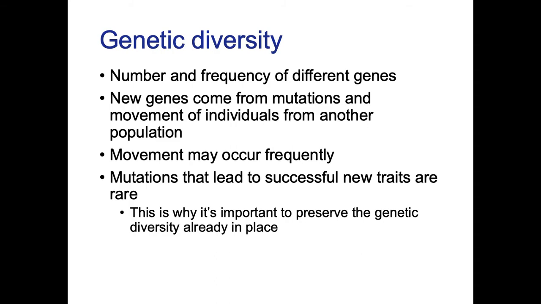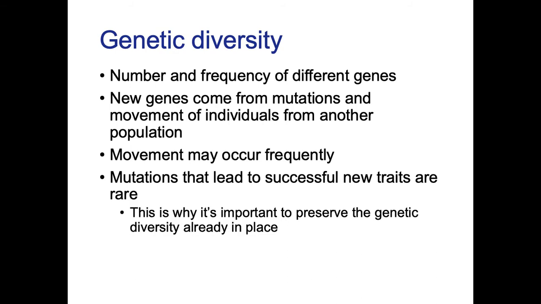Occasionally, mutations are helpful, but the rate at which new helpful mutations occur is very low. So this doesn't happen very often, but it does happen sometimes. That's how we get new variation. But it takes a long time to get some new good genes in a population.